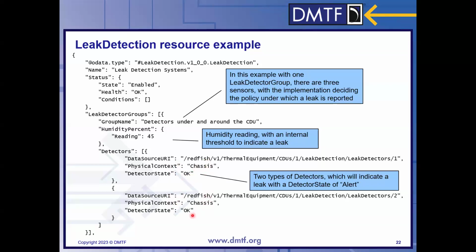And luckily both of those are showing okay. If they're not okay, they would show a detector state of alert, and that's basically how that works. And if that was the case, you'd also see that information bubble up to the top level conditions.